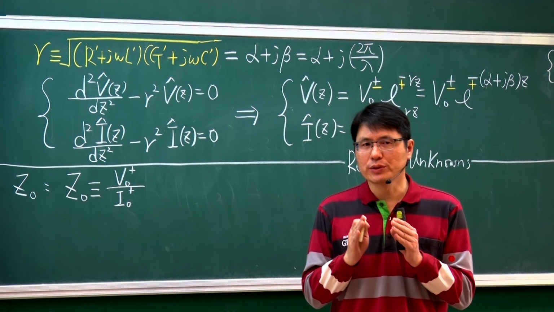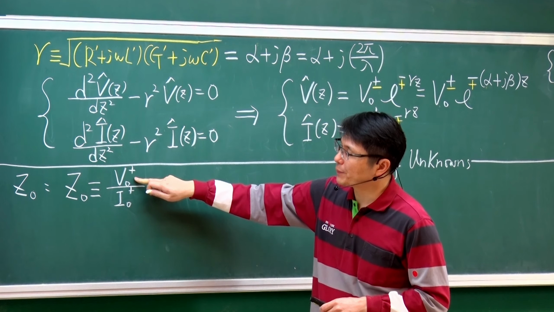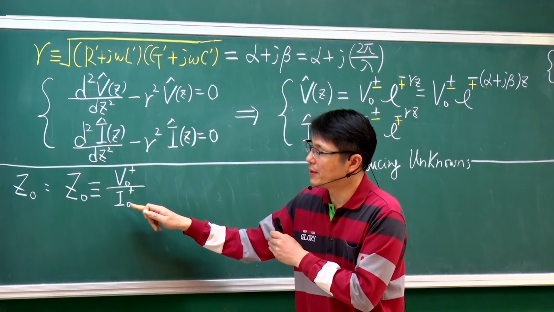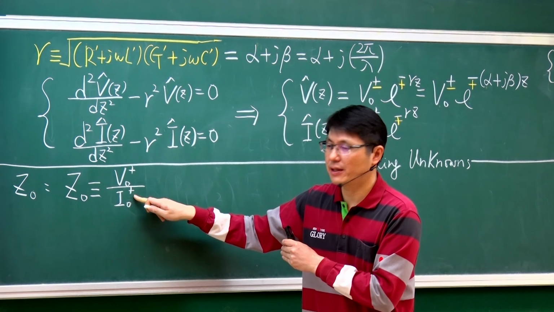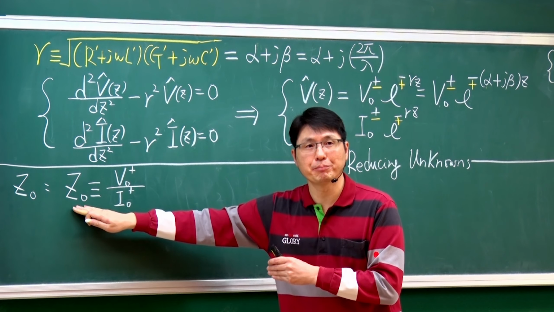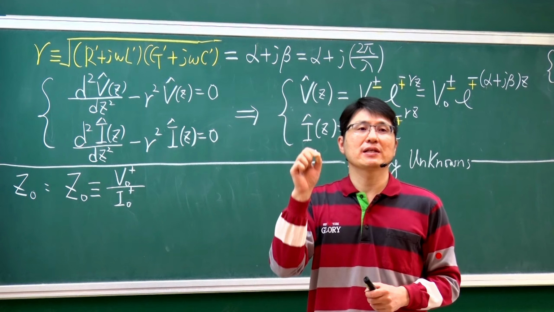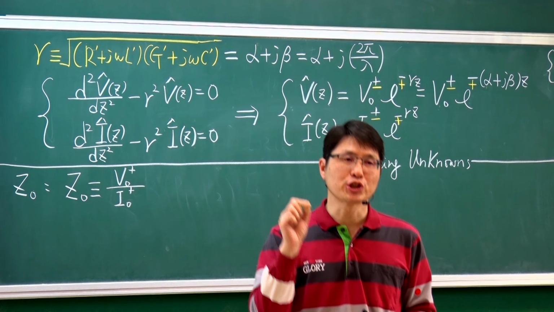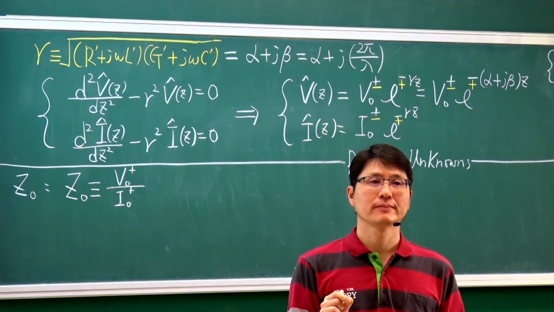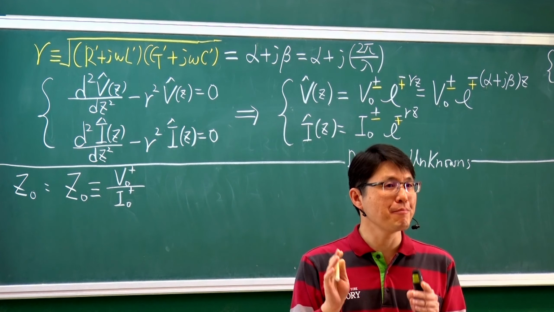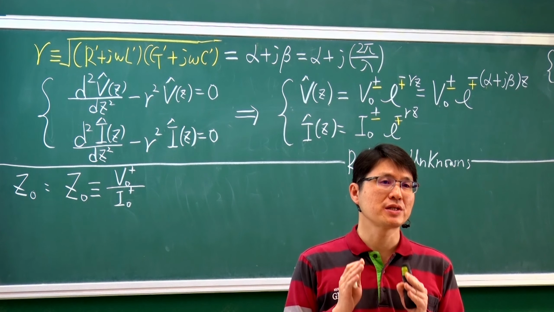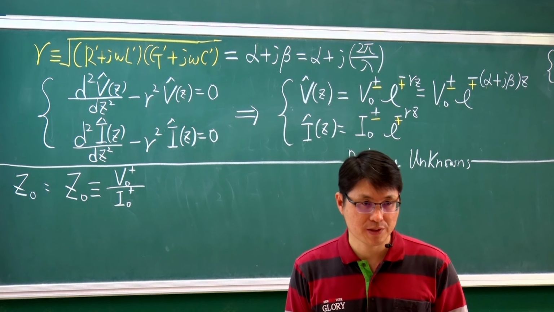So what if I try to define the forward propagating voltage amplitude divided by the forward propagating current amplitude? That gives me some kind of impedance value, which is completely determined by the transmission line. Then I might have the possibility to reduce the number of unknowns.